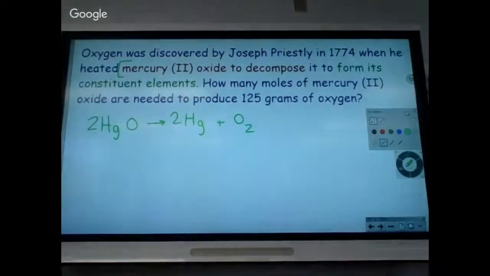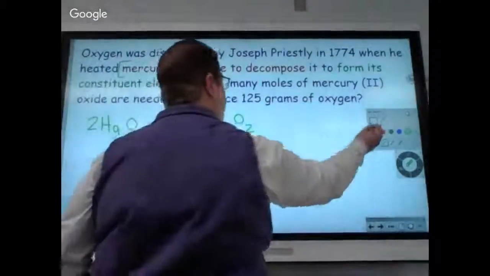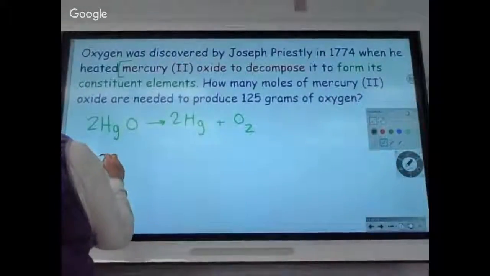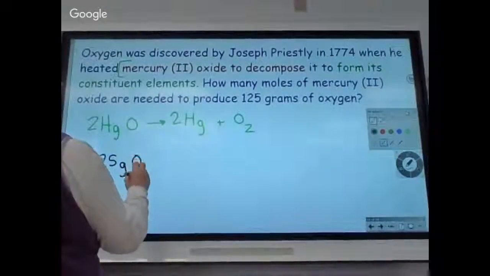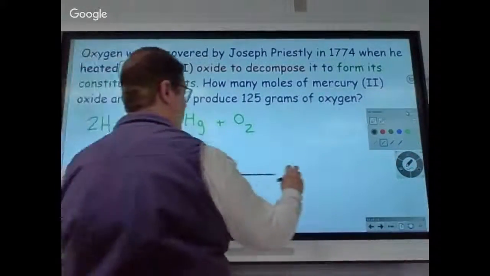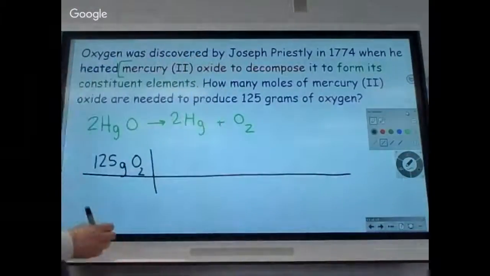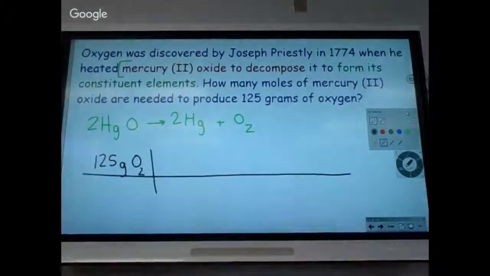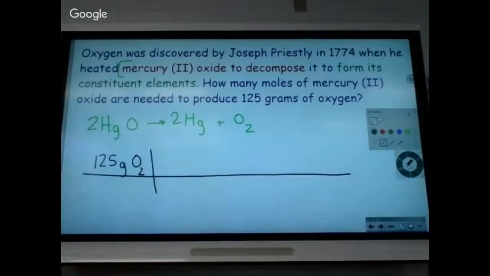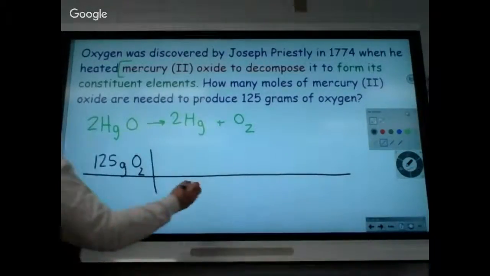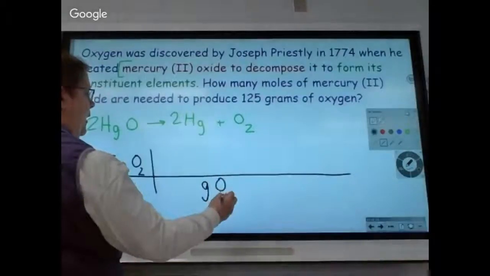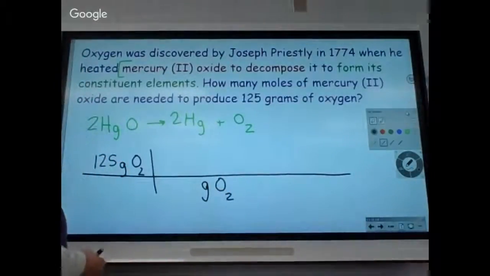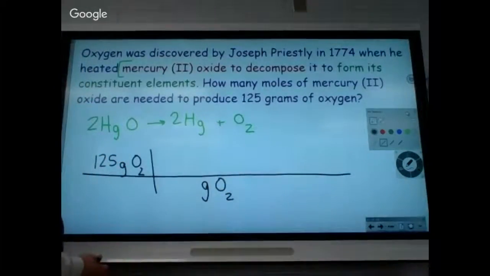Now, what are we starting with in the question? 125 grams of oxygen. All right, and this one we're not going to write all the annotations down. We're just going to have the conversation out loud in our heads. What goes on the bottom? Grams of oxygen. Are we changing compounds? What do they ask us for?